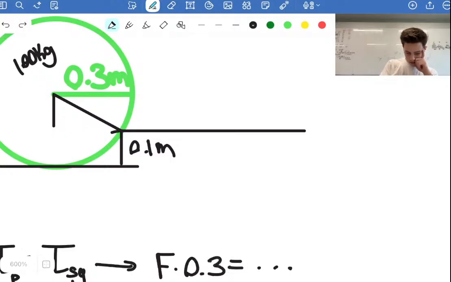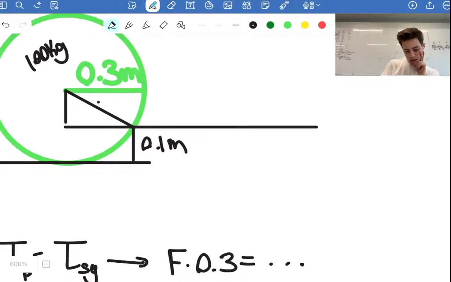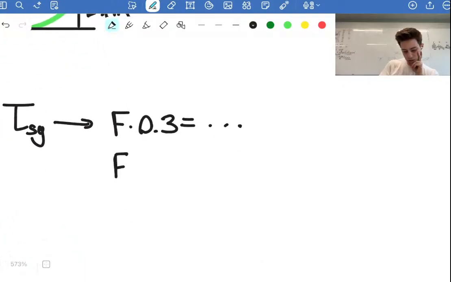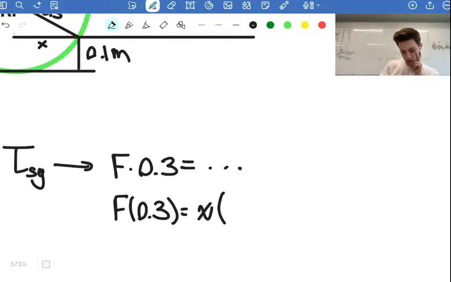And then finally, we're able to find that this is 0.3, this is 0.3 minus 0.1, so 0.2. And we're able to find this last side, which we'll call x. So force times 0.3 equals x times the mass times gravity.